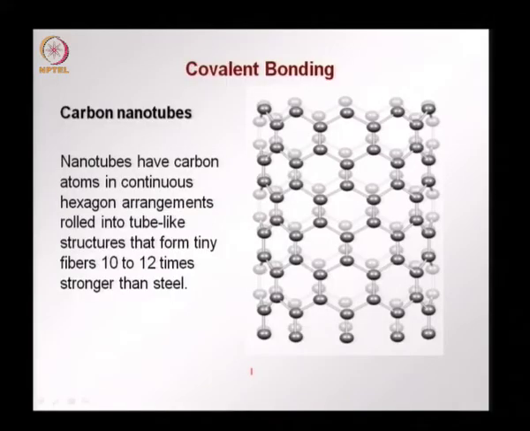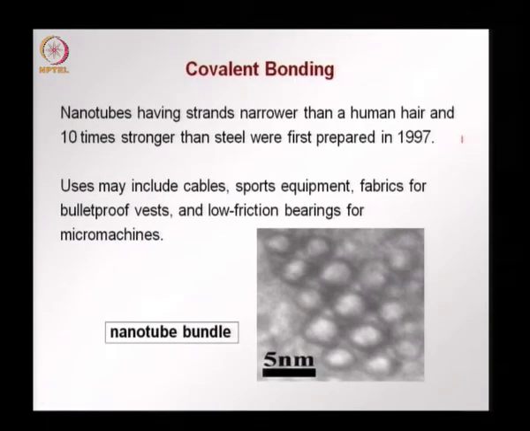One interesting case of covalent bonding is in carbon nanotubes, where we have a continuous hexagonal arrangement of carbon atoms leading to a tube-like structure. So, this would be the top of the tube, and these tubes are very strong. They are tiny, but have strength of 10 to 12 times that of steel.